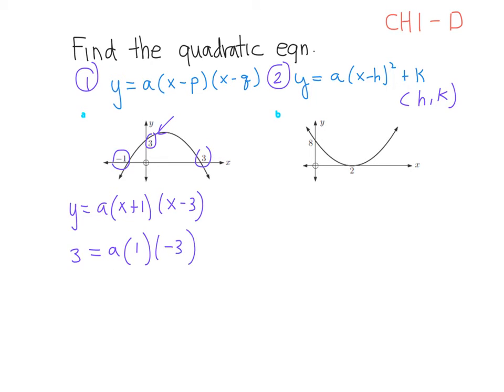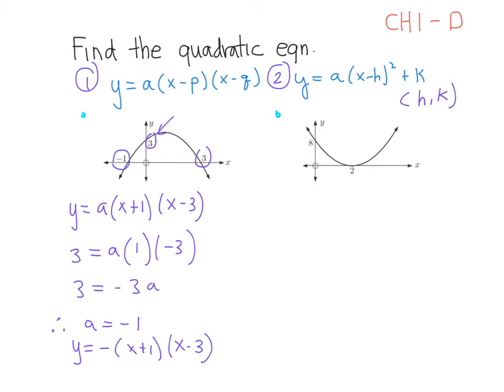So we basically have 3 is equal to -3a. Therefore a is equal to -1. So rewriting this quadratic equation, we have y is equal to -(x + 1)(x - 3).